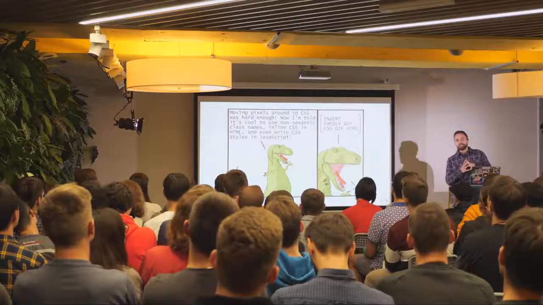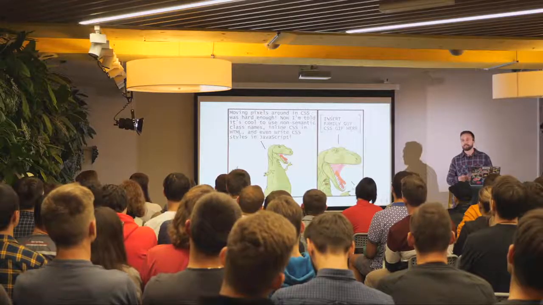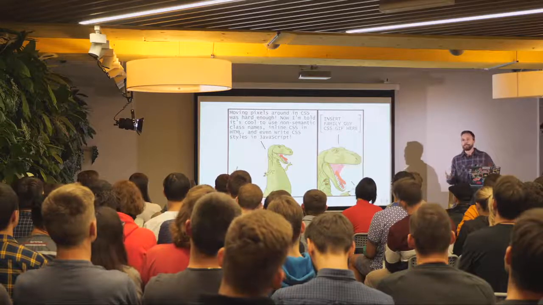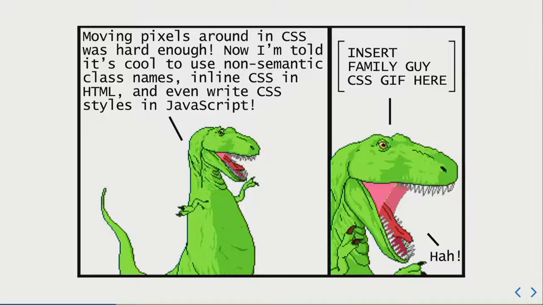And when JavaScript developers encounter complex problems with styling that they don't know how to solve with regular CSS, well, what do they do? They try to solve it with JavaScript, right, as with any other problem.